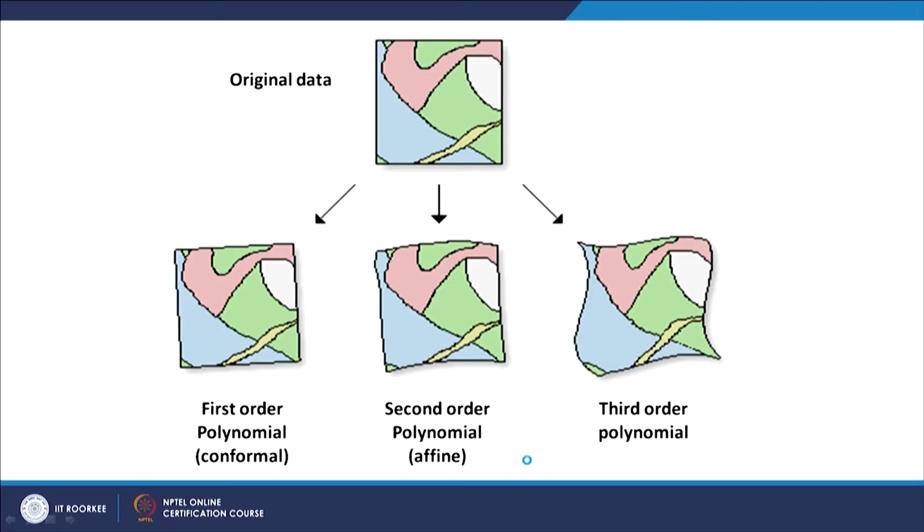As you go higher in order, in most of these image processing GIS softwares, up to third order has been implemented. But there are also extensions and tools available. I have seen up to 12th order, and there are utilities available by which you can do the transformation.